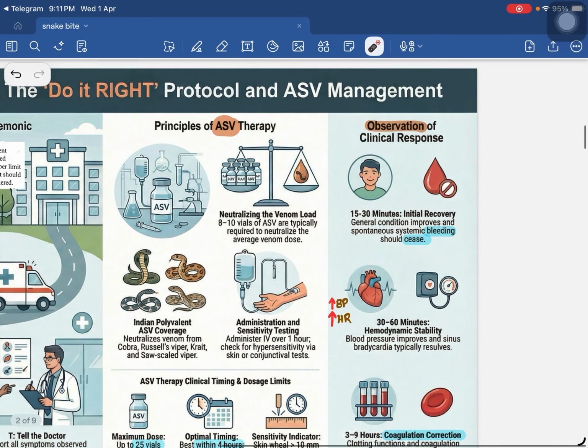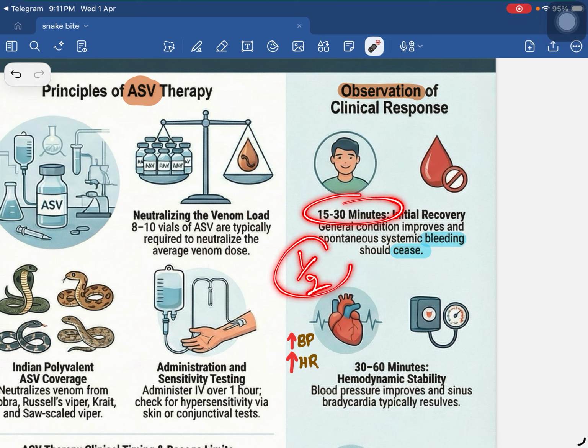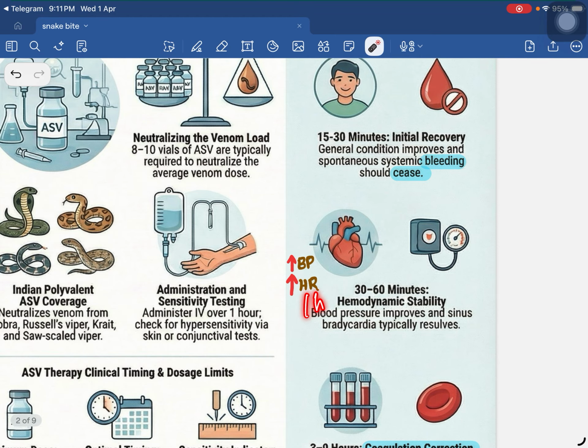Observation of clinical responses. After you give ASV, you should see these clinical responses within 15 to 30 minutes. Within half an hour, systemic bleeding should stop; that is the initial recovery. In 1 hour the heart rate and BP should increase.